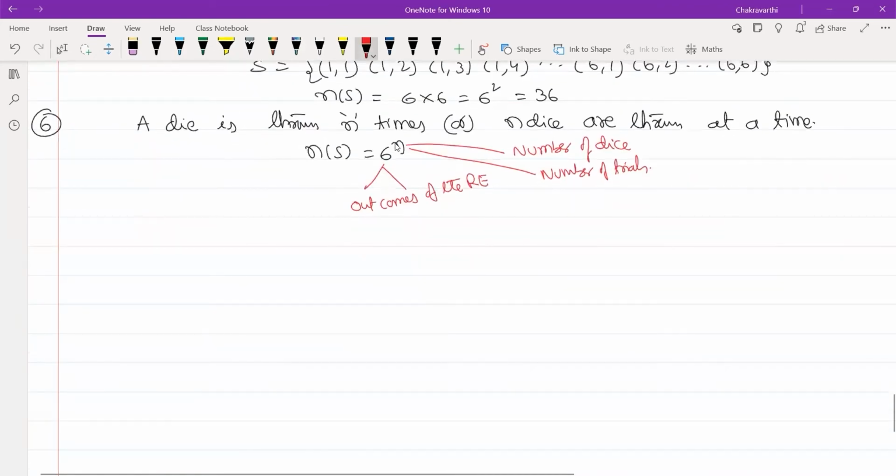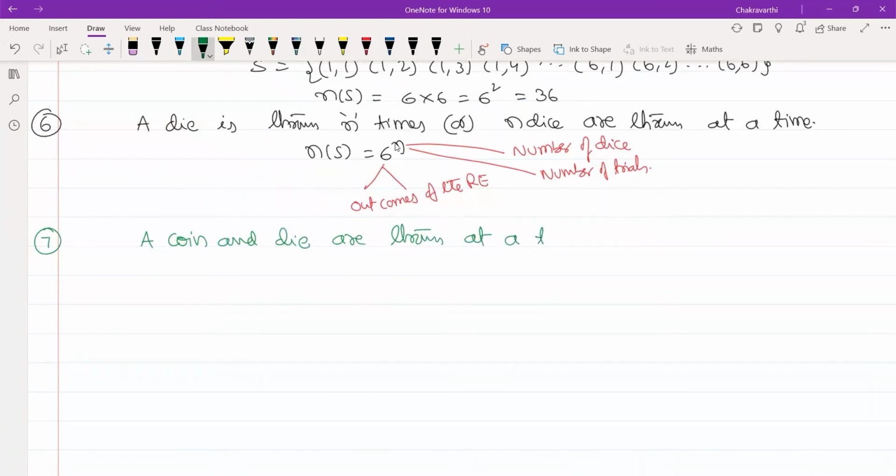Next, another example. A coin and a die are thrown at a time. The sample space contains 12 points.